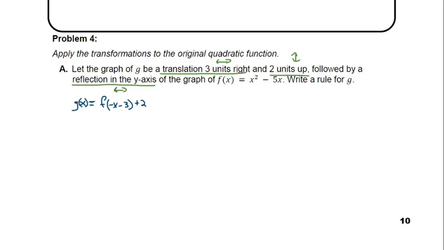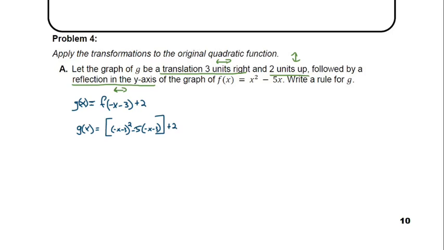So g of x equals, now I'll put my brackets. Now instead of writing x squared, I'm going to write negative x minus 3 squared minus 5 times negative x minus 3, and then outside the brackets, I'm going to put a plus 2. Okay?